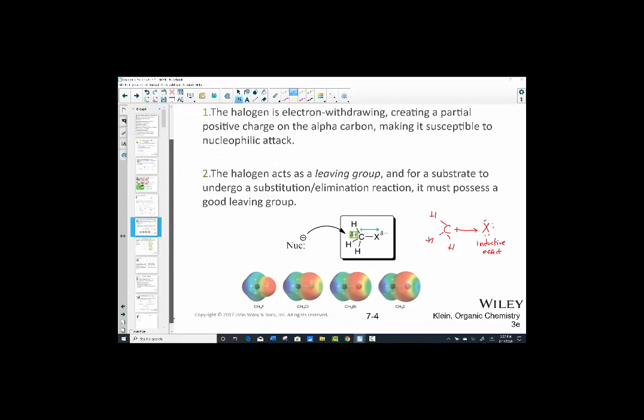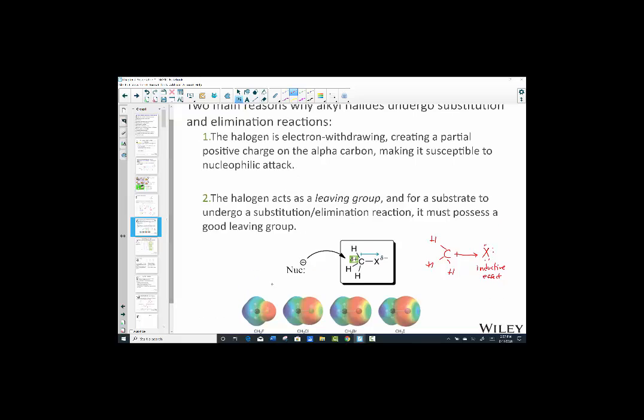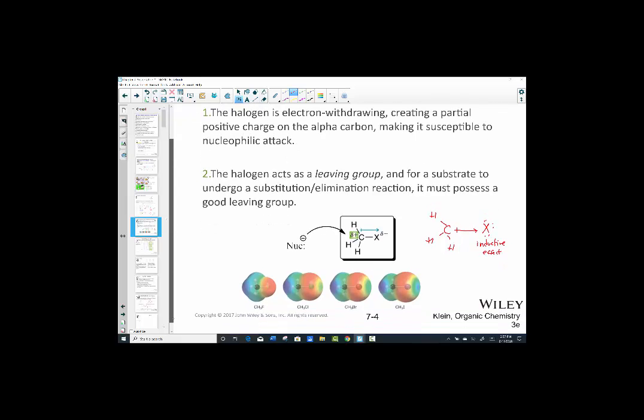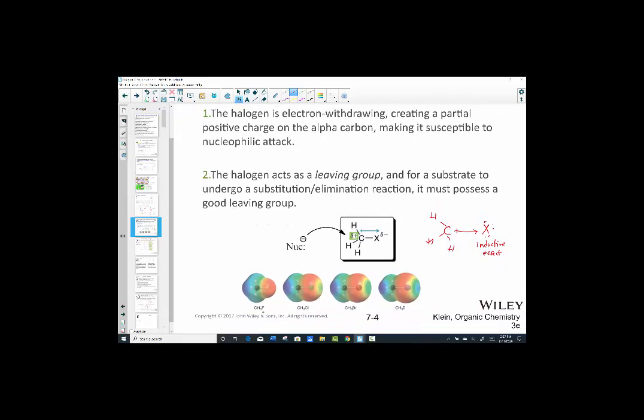And this is just a graphic that I pulled to add to this. You can see here's a fluoride in this alkyl halide, CH3F. So here's the fluoride. A little bit bigger is the chloride, a little bit bigger is a bromide, and then finally you have methyl iodide. But there is definitely a region that's electron rich and electron deficient.